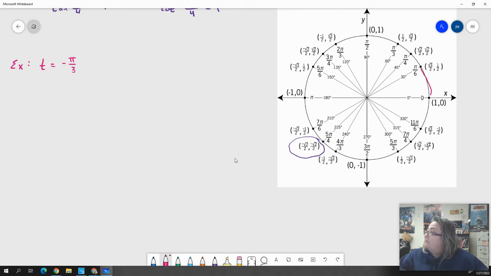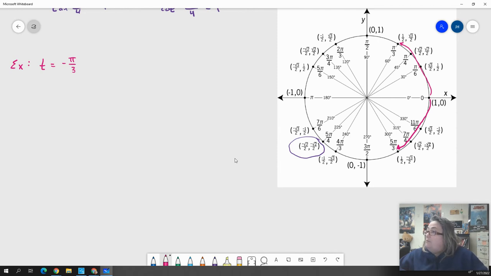We're going pi over 3 units in that direction. Negative pi over 3 means we're going pi over 3 units in this direction. So it is the same thing as 5 pi over 3, right? Negative pi over 3 takes us to this spot, right? We're going in a different direction, but it would be the same. Remember when we talked about coterminal angles? It would be the same as if we'd gone 5 pi over 3 in this direction.